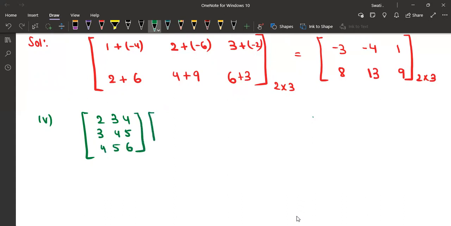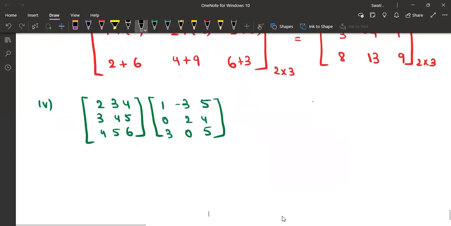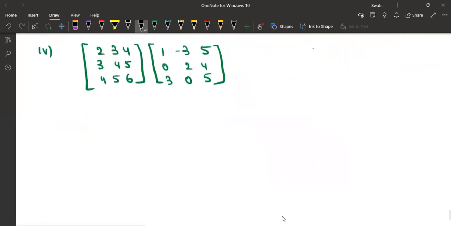And the second matrix that we need to multiply with this matrix is 1, -3, 5, and then we have 0, 2, 4, and then we have 3, 0, 5. So we simply need to multiply this. As you can see here, this is a 3 by 3 and this is also a 3 by 3. So the resultant is also going to be a 3 by 3 matrix. So let's simplify this now.